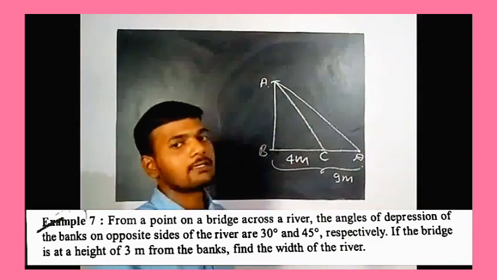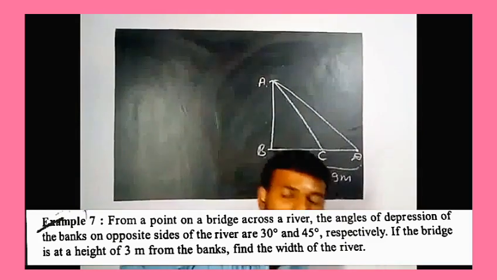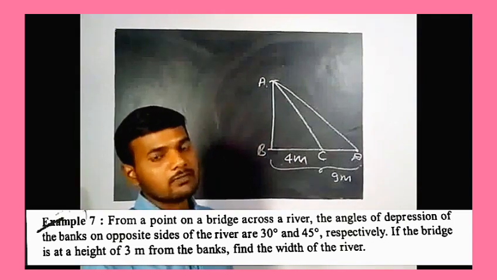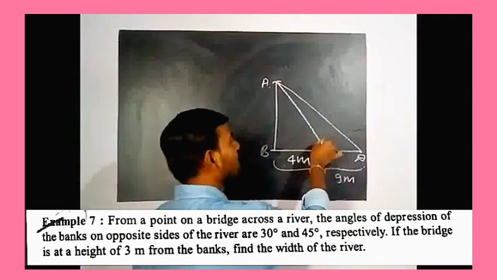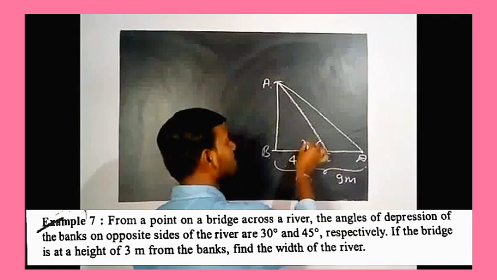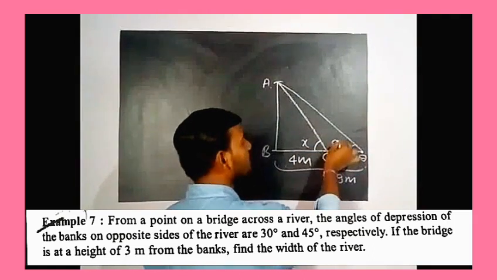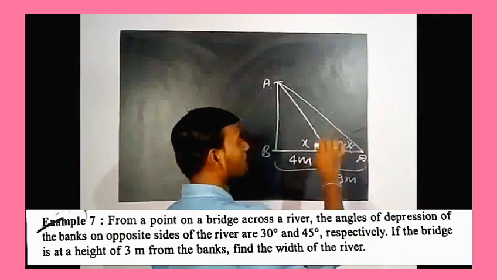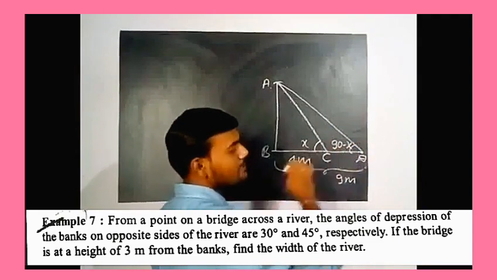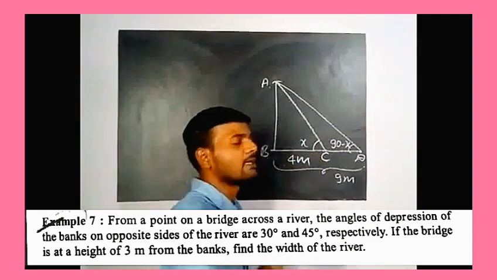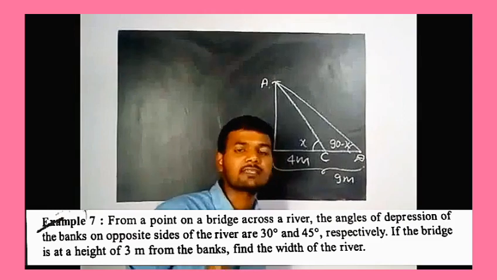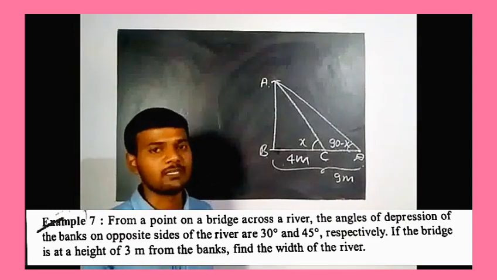The angles formed at the ground are complementary. That means if the angle C is x, then angle D must be 90 minus x. If suppose we have taken angle D as x, then angle C must be 90 minus x, because they said that the angles formed are complementary angles.